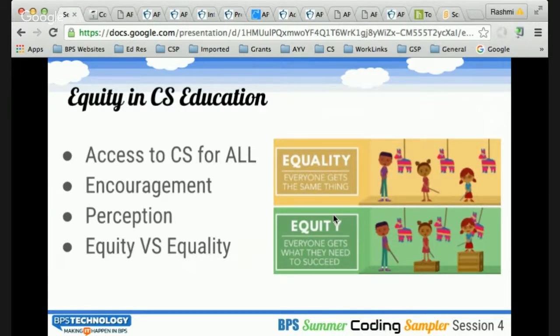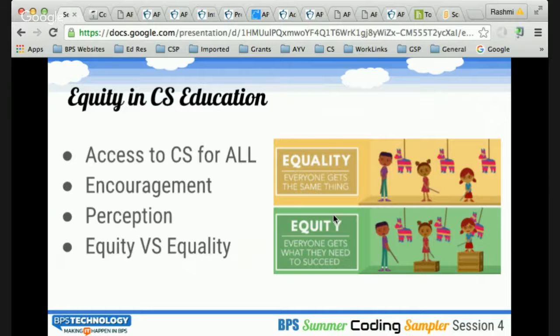We'll look at CS from the lens of equality versus equity. So defining these two terms is very important. Equality as defined is access for everyone, and everyone gets the same thing. While equity is everyone getting what they need when they need it in order to succeed.